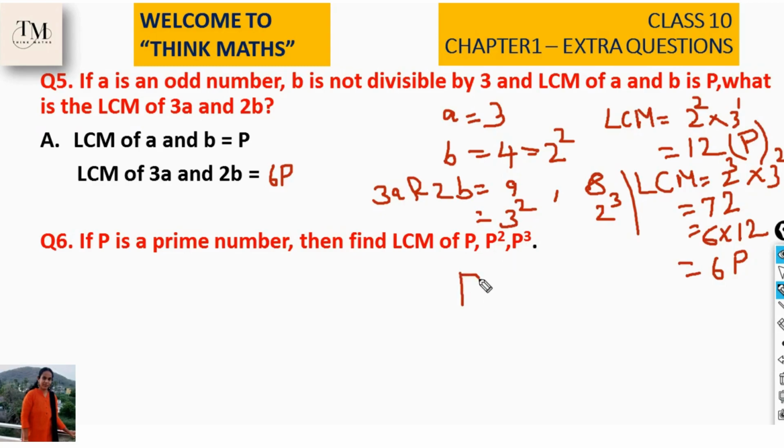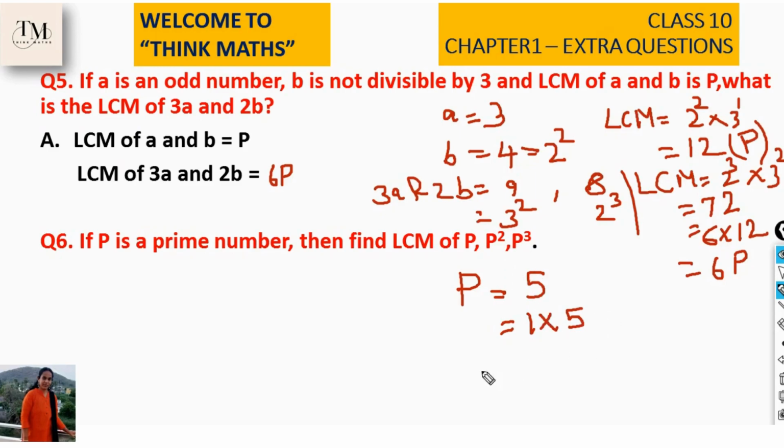They gave P as a prime number. Suppose I take 5. This prime number cannot be factorized any more than 1 into 5. Okay. So P square will be 1 into 5 whole square, that is 1 square into 5 square.